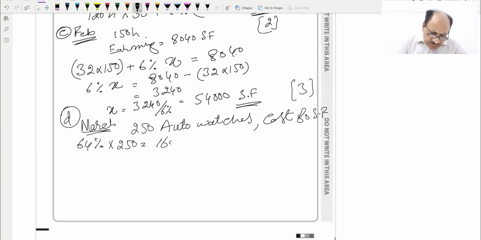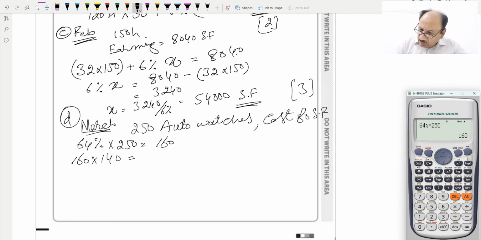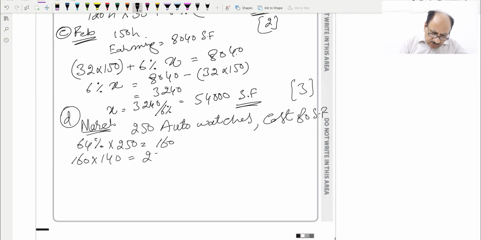So 160 watches are sold, and each of 140 Swiss francs. So 160 multiplied by 140 Swiss francs is equal to 22400 Swiss francs. This is what they sold for 160, and the remaining automatic watches.